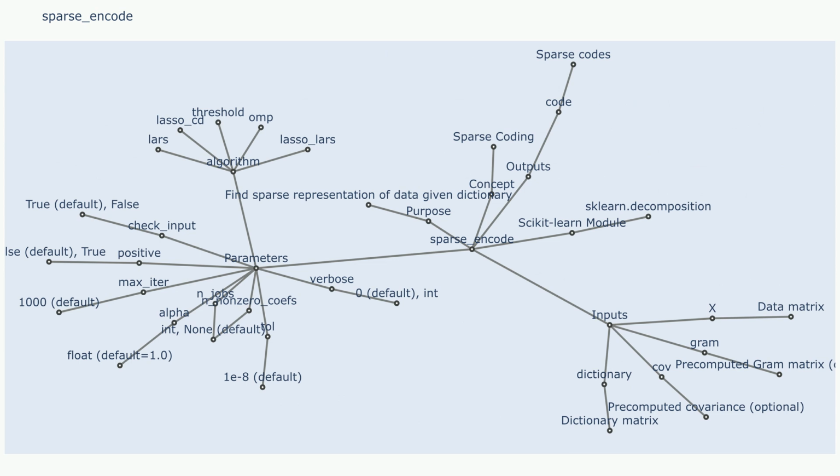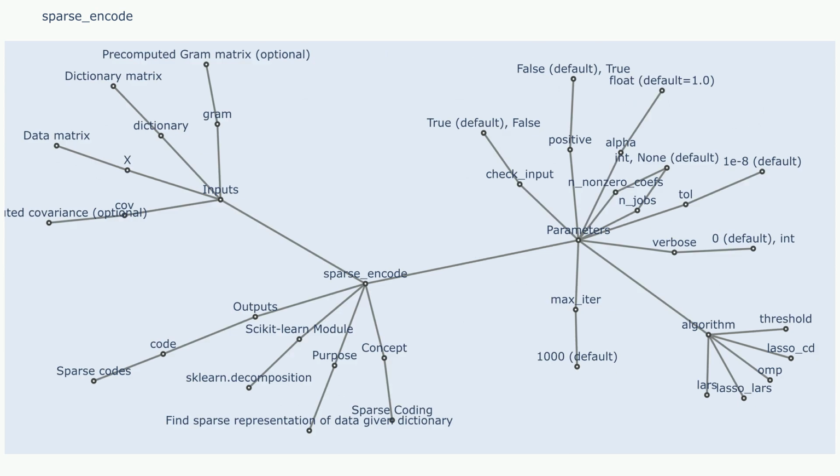Dimensionality reduction: reducing the dimensionality of data while preserving important information. Anomaly detection: identifying unusual data points that are poorly represented by the dictionary. Collaborative filtering: recommending items based on sparse representations of users and items.